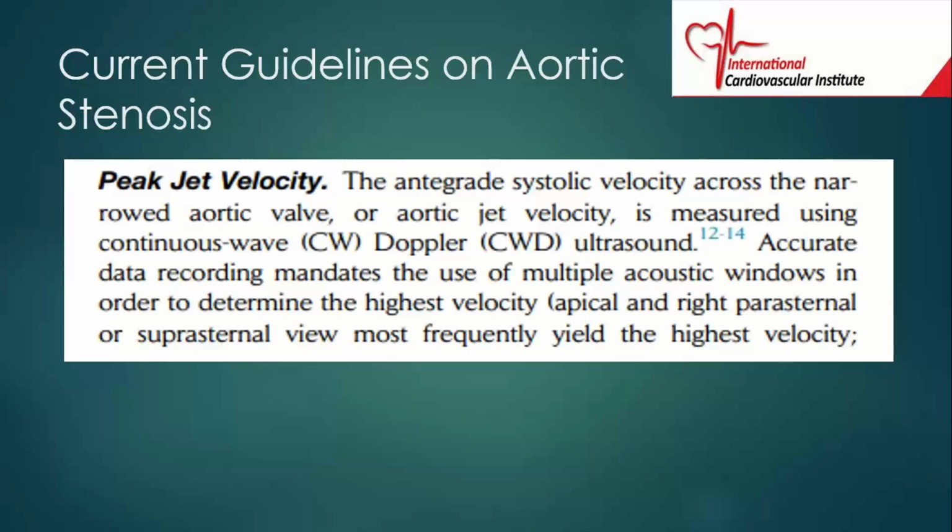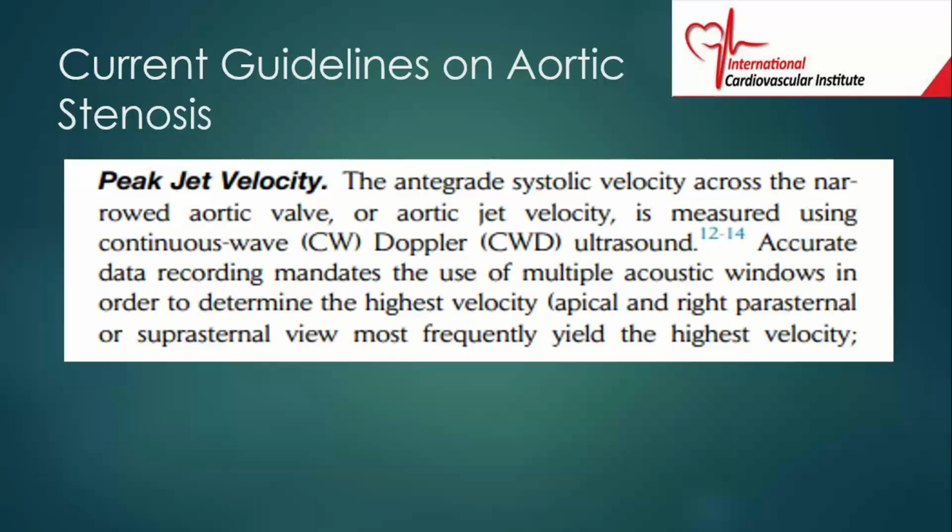So you might get, by continuity equation, when you calculate the valve area, a valve area less than 1 centimeter squared, but the velocity is less than 4 meters per second, and the gradient is less than 40 millimeters mercury. So this '09 document highlights that discrepancy and how to evaluate those patients with low flow.